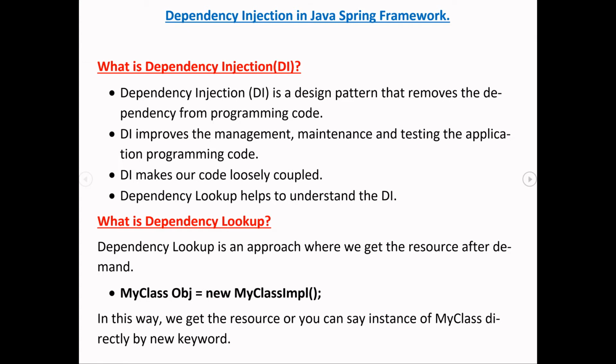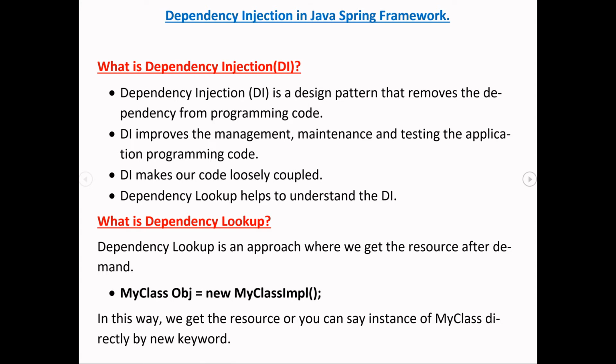DI improves management and maintenance, so black box testing becomes easier. It will not give you hard coupling, and you can maintain your code at any time. So DI makes our code loosely coupled.